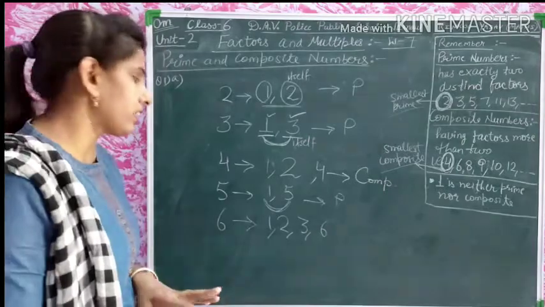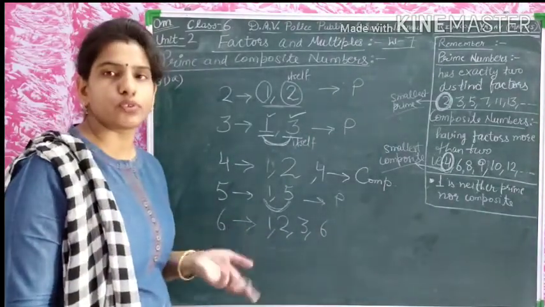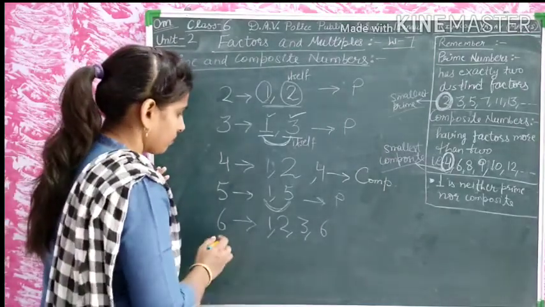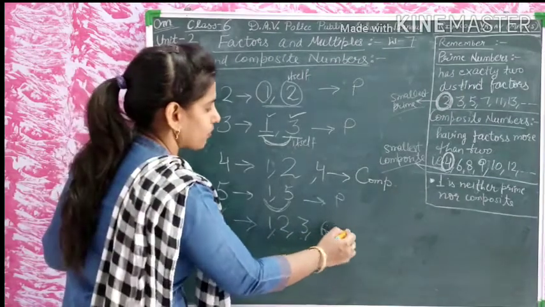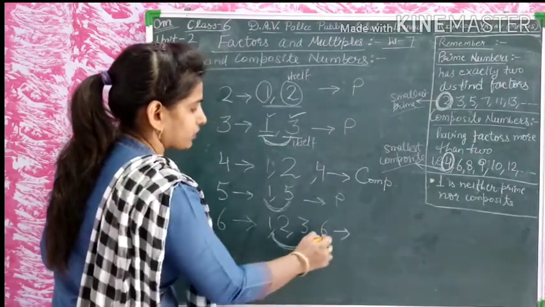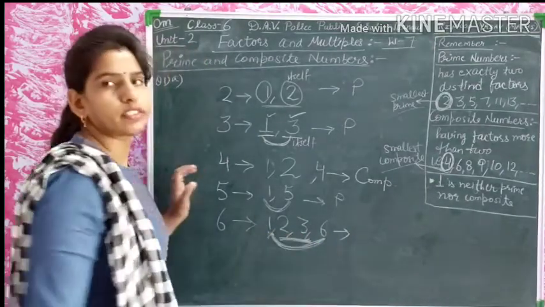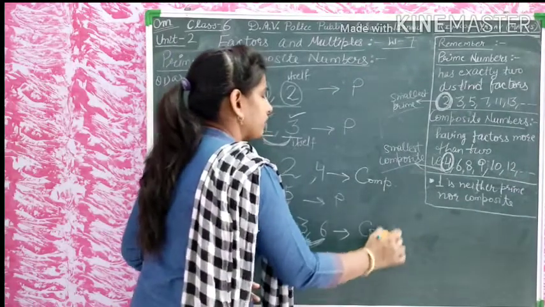Don't write the division by 2, 3, 4. So the factors of 6 are these. It has more than 2 factors, other than 1 and itself, so it is a composite number.